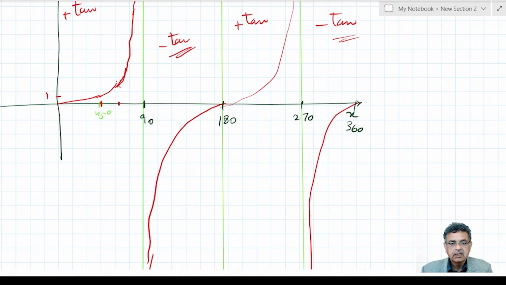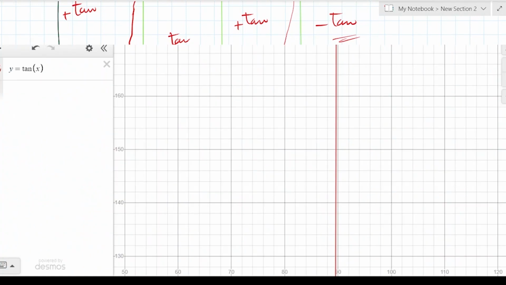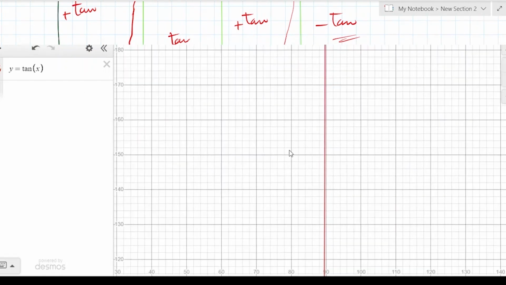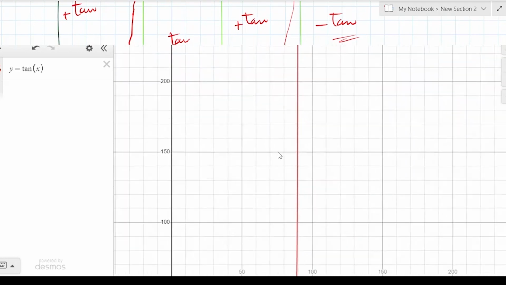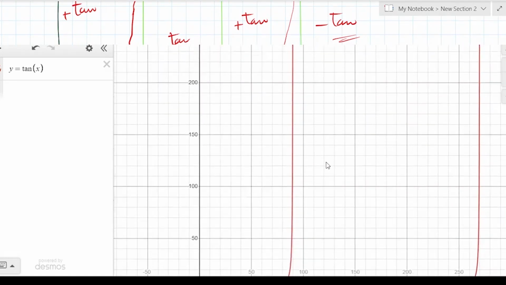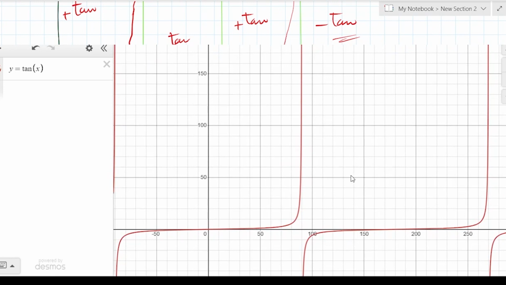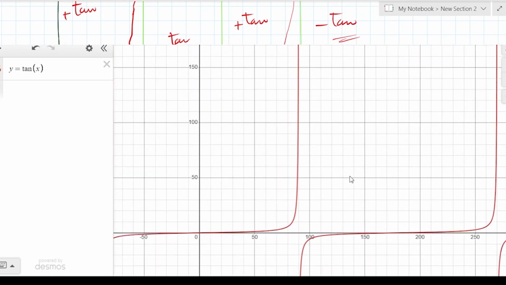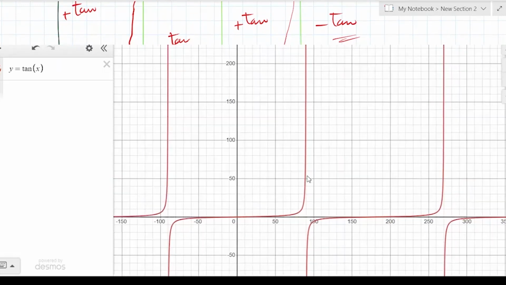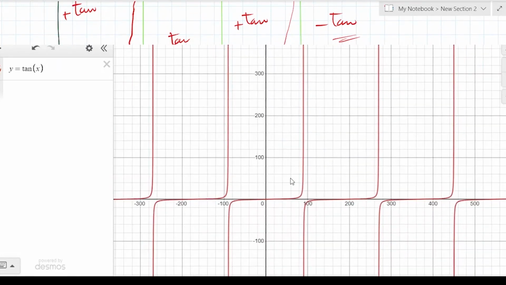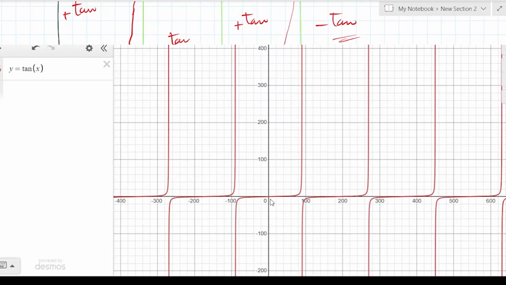So once again, in order to understand it more clearly, let's look at the graph of tangent x here. So what type of graph we observe here? You can see this line, you can see how slowly it increases from here.